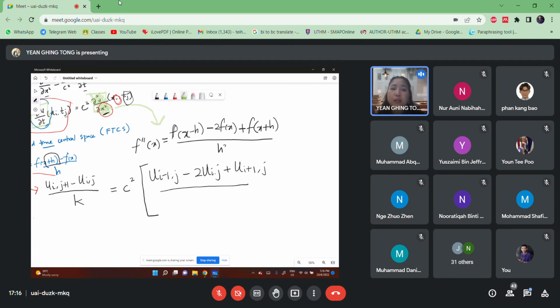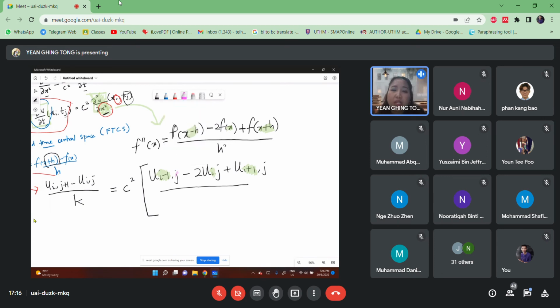You see this one, this one is x minus h, x and then x plus h. Okay. For this one, find a different form. This is i minus 1, i, i plus 1. Boleh faham? Di mana we just stay the y. Dia punya j sama.